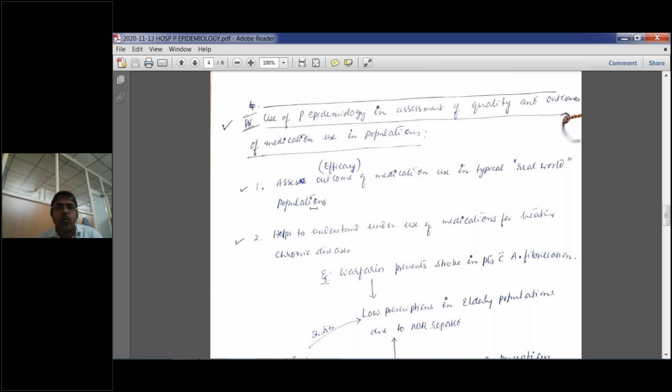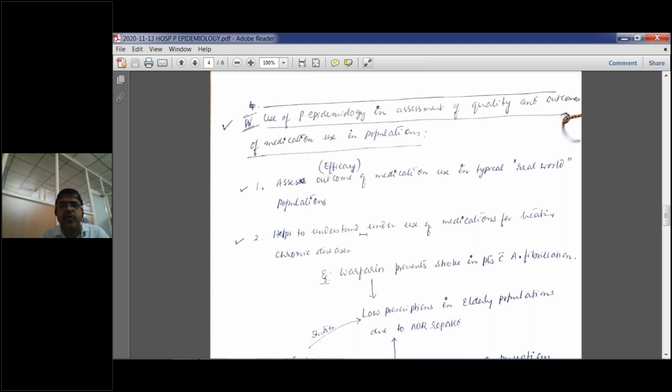So now what happens to the outcome of medication use in such a population will be studied here. So that is how the outcome of the medication use in special populations, who are the real world population, will be studied.